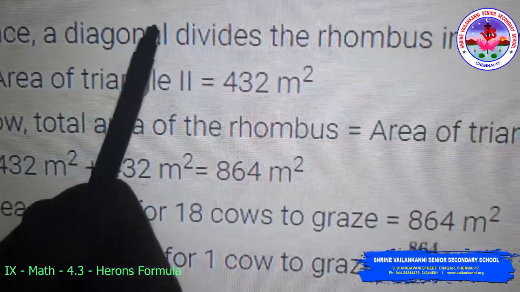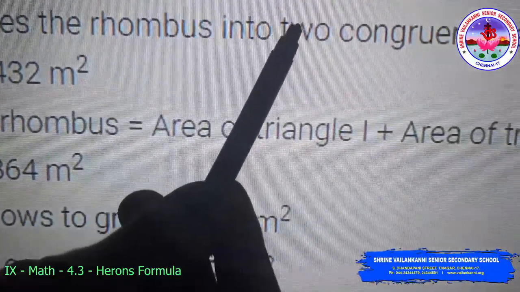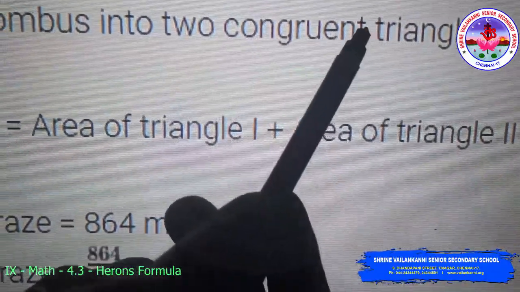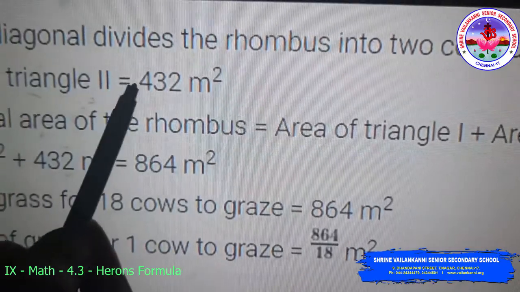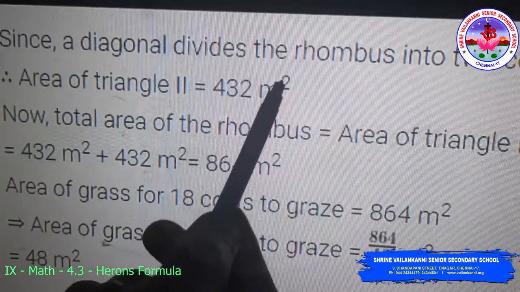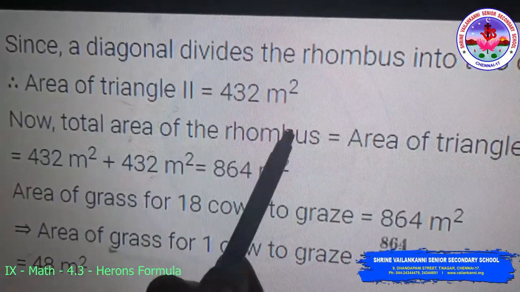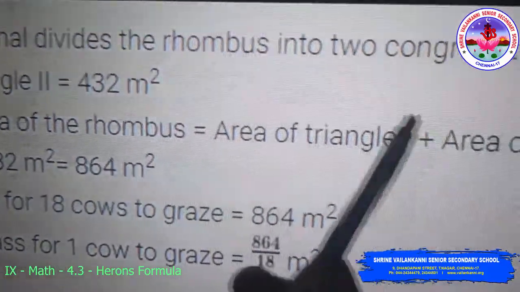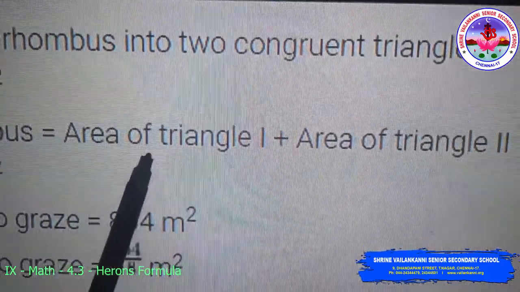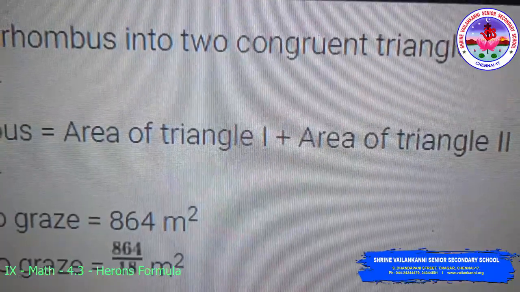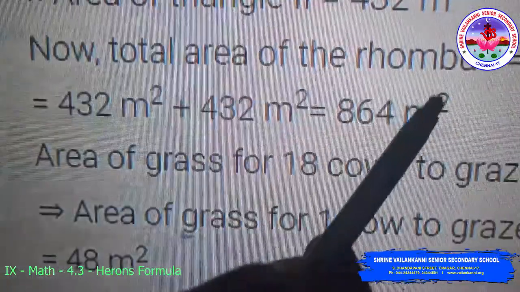Since the diagonal of a rhombus divides the rhombus into two congruent triangles, we get the area of the second triangle also 432 meter square. So the total area of the rhombus is the sum of the two triangles. So we will get 432 plus 432, which is 864 meter square.